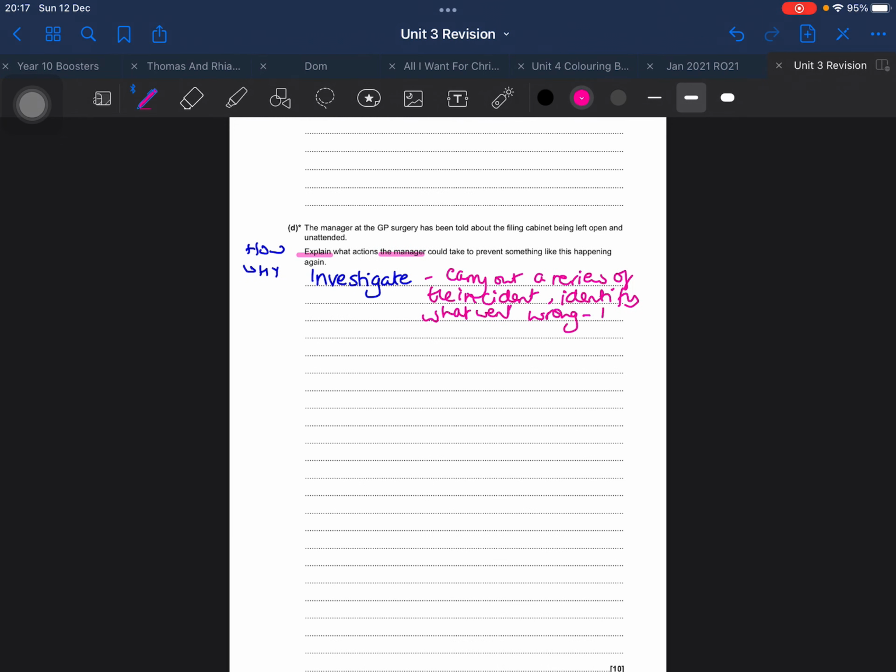How are they going to do that? They're probably going to have to talk to staff. They need to determine, was this a one-off, or if it's regular.